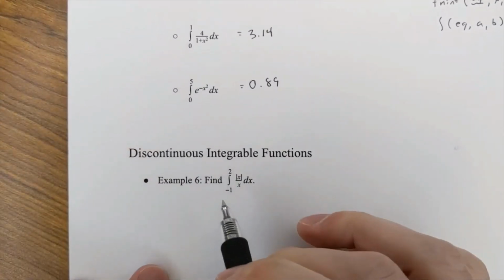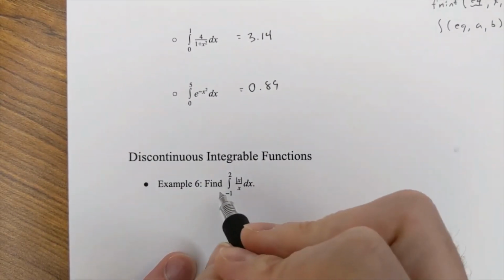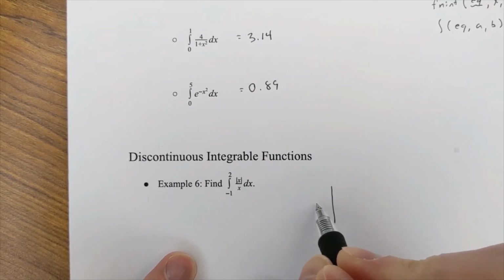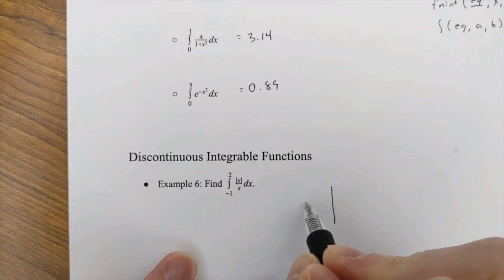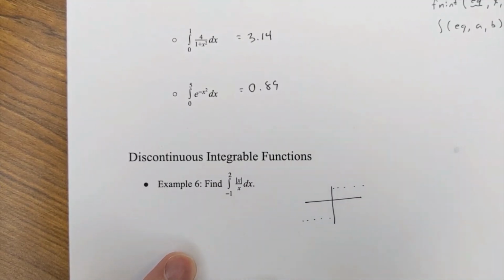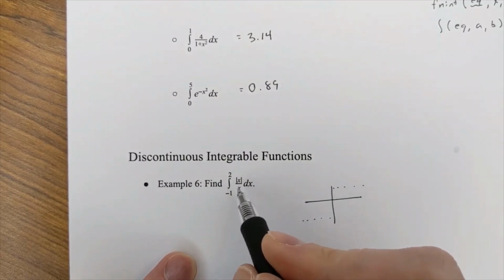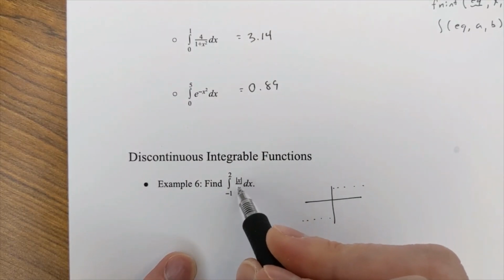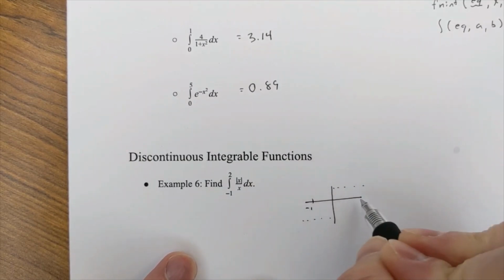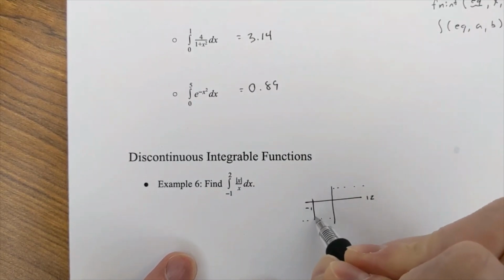Now you have to be careful if your functions are discontinuous. For example, this function down here, if you look at the graph, breaks at 0. That would be 0 over 0 if you graph just absolute value of x over x. But otherwise it looks like this. But I'm going from -1 to 2, so I can just think of it in terms of the rectangles.